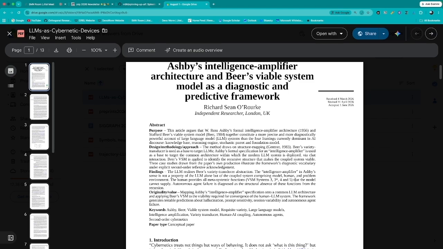So a word on this is to recognize that the viable systems model is a really complex model. There are these different levels that are kind of like from the individual to the collective to the organization to the world. And they mimic the nervous system and its hierarchical organization of stimuli.